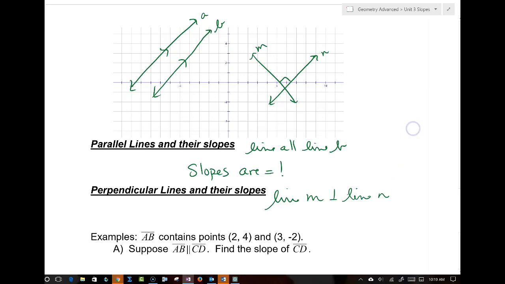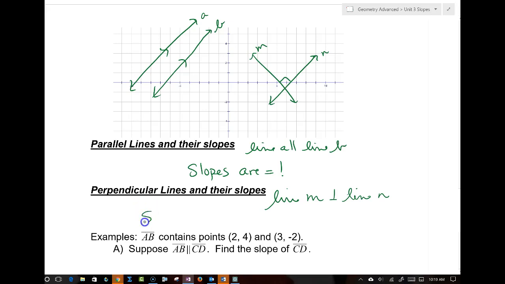Is there any way that their slopes can be equal? No. In fact, I'm looking at this and I see one's negative and one's what? Positive. Now, it's a little bit different when you talk about vertical and horizontal lines, but the whole thing is, if they're perpendicular, the slopes can't be the same. The slopes have another relationship.